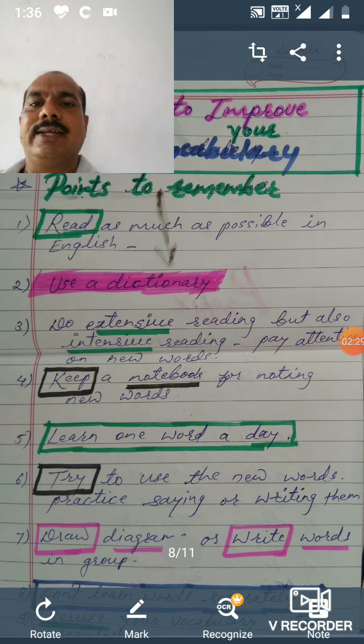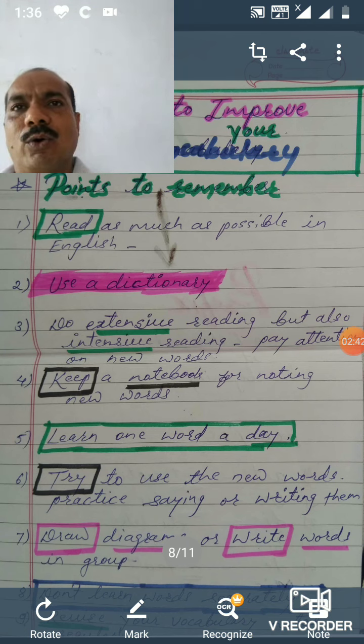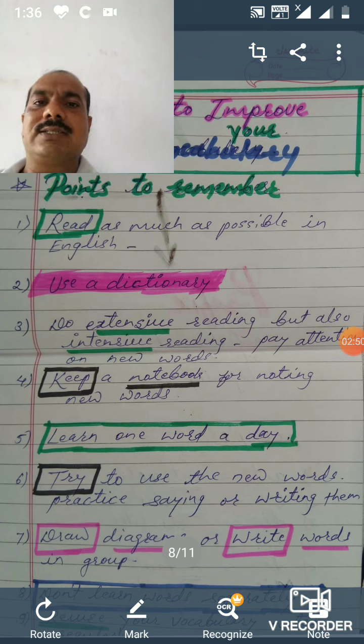First one is read as much as possible in English. If you want to improve your English, then you have to collect vocabulary. If you know a minimum of 10,000 words, then you can communicate properly.